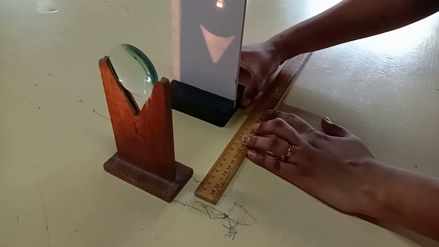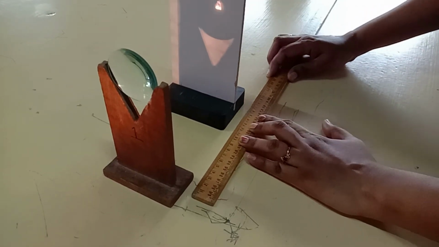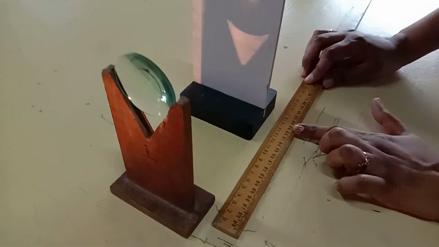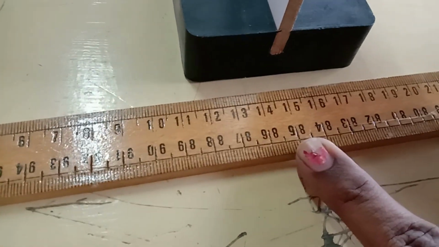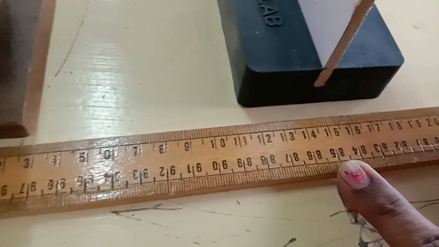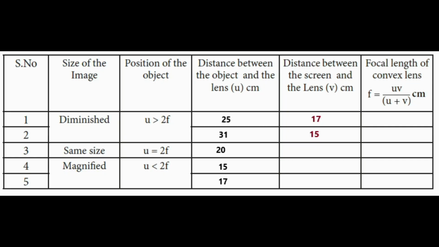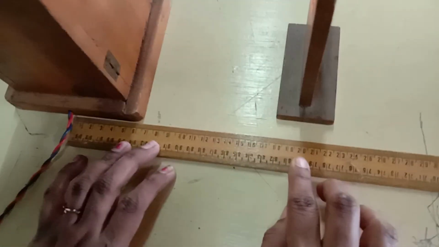After that we have to measure the distance V, which is from the center of the lens to the center of the screen. Now see the reading. It is 15 centimeter. Now you have to tabulate it. Next, move on to the next set.